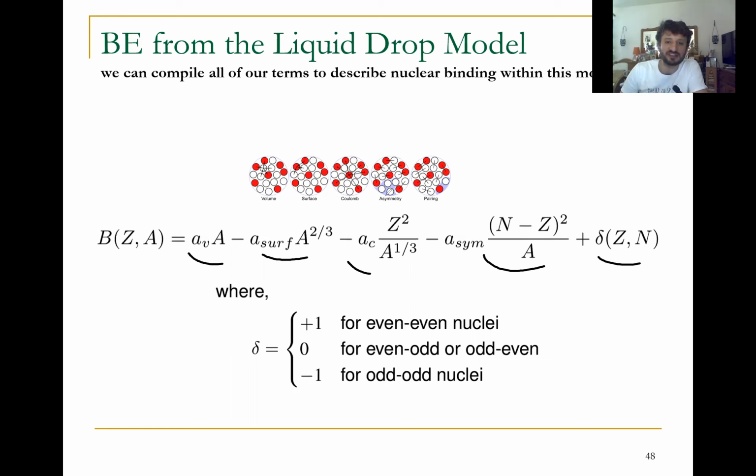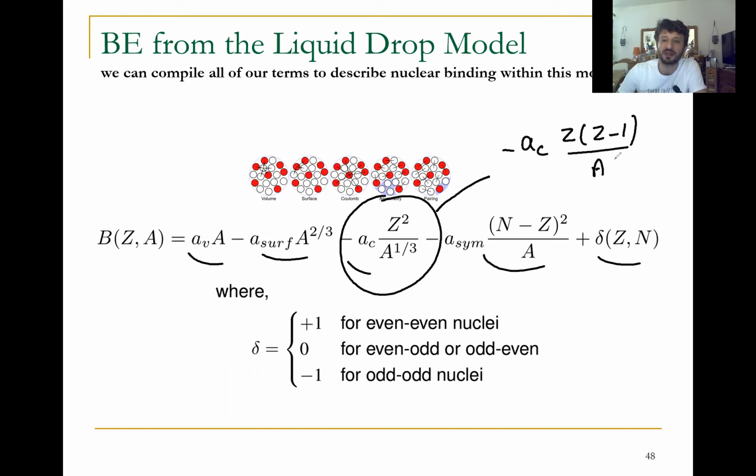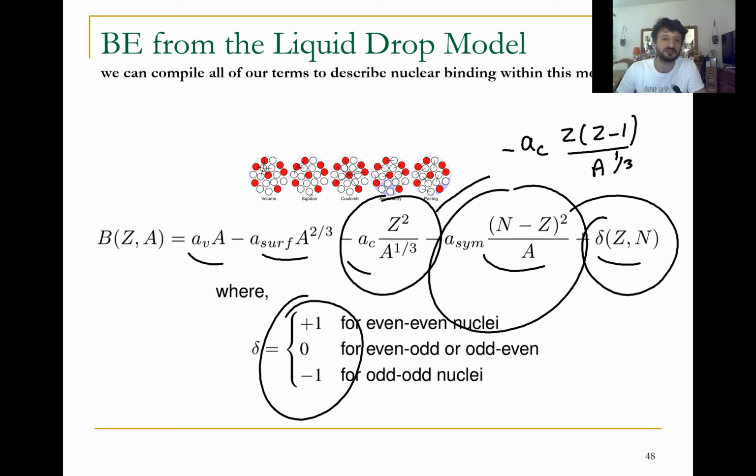This term can be written like this: minus AC times Z(Z minus 1) divided by A to the power 1 over 3. We will talk about the Coulomb term later, because we have to do some calculation. And you see here we have the value of the pairing term, and we have each value here. We can add them and calculate them. We will have some applications later.